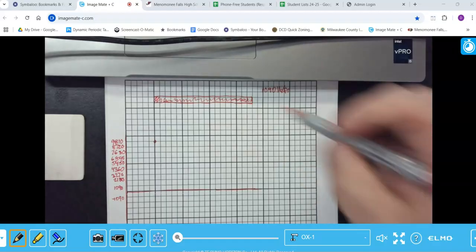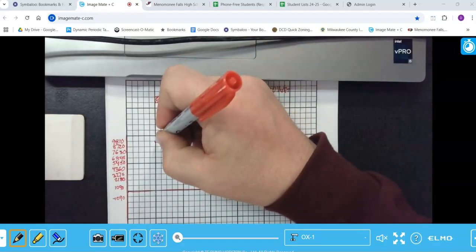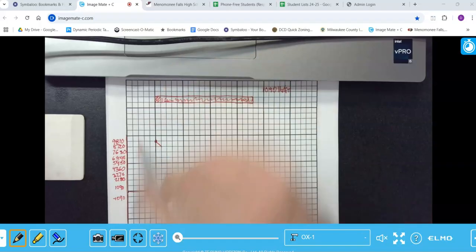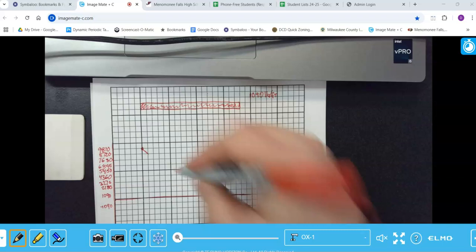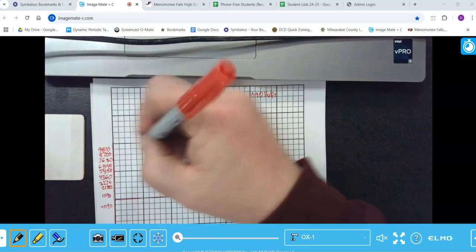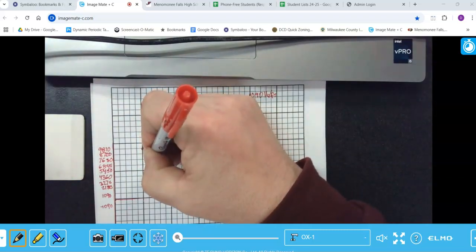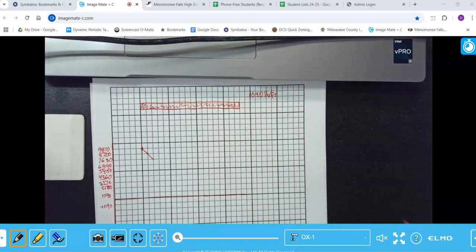So every time I go 1 foot across the beam, it loses 1,090 pounds. So there's my first loss of 1,090. There's my second loss of 1,090. And every time I go a foot across the beam, that's how much I'm going to lose.